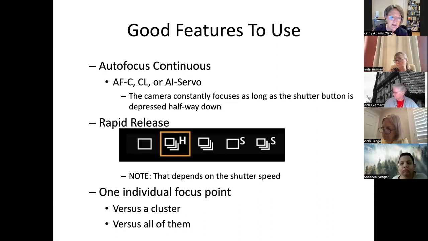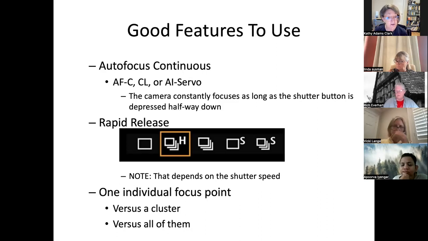If you happen to set this on AFS, S in Nikon, or single in Canons, the camera would focus once, stay there, and if your subject moved or you moved, it would still stay focused on that point in space. And not until you raised your finger up and put your finger back down would it refocus.